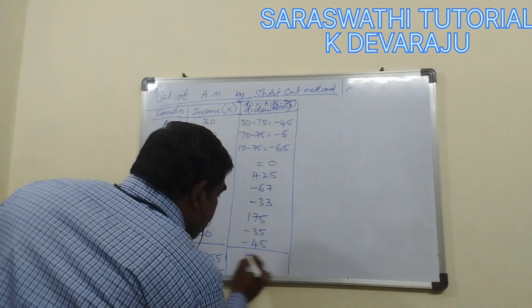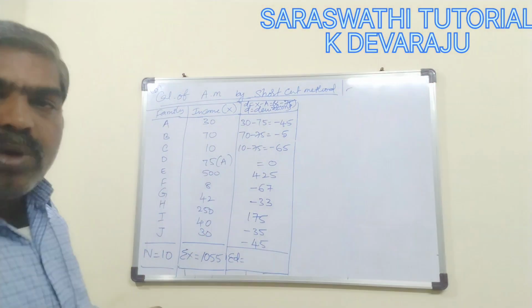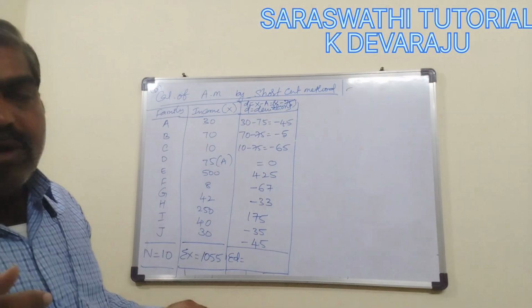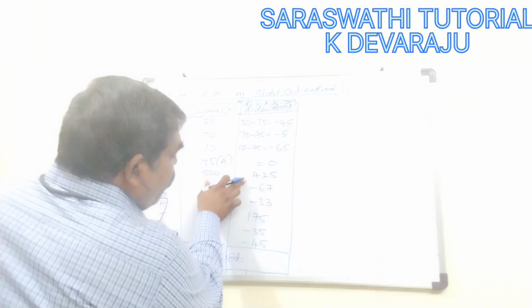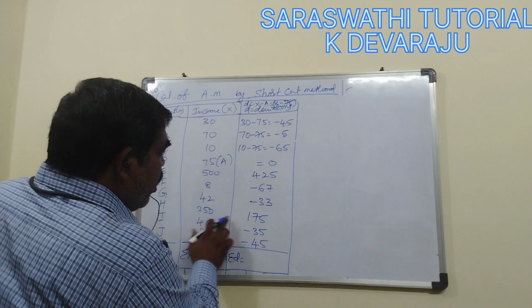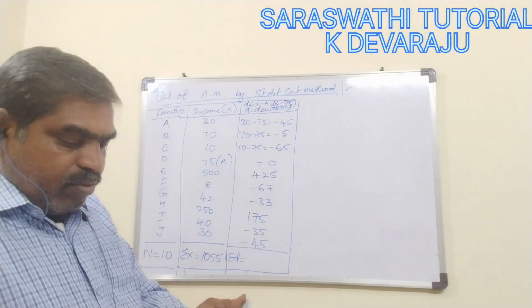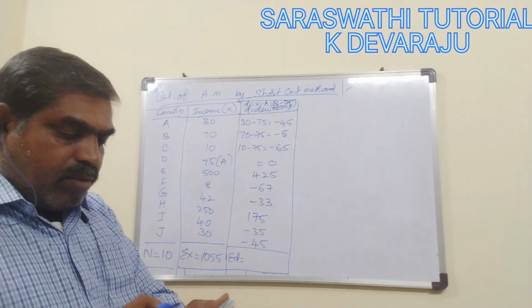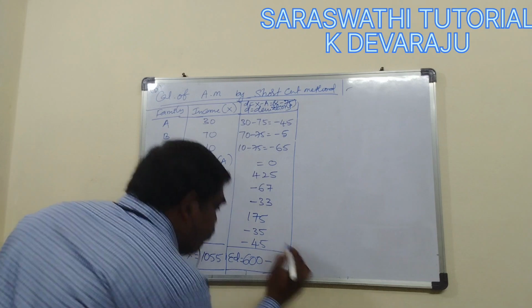Now summation D equals, we have to find all the positives and negatives, then from the positives we have to deduct the negatives. If you observe, the positives are only 425 and 175. First we add 425 plus 175, which gives 600.